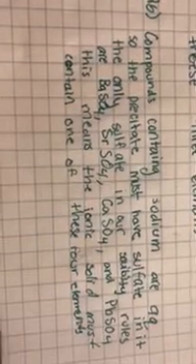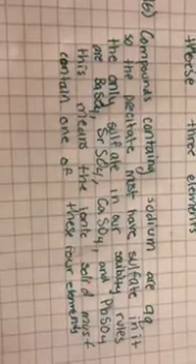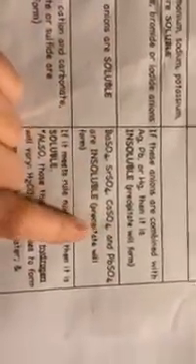The only insoluble sulfates in our solubility rules are BaSO4, SrSO4, CaSO4, and PbSO4. We can get that from right over here. And it even tells us in our solubility rules that a precipitate will form. So this means that the ionic solid that's going to form must contain one of these 4 elements.